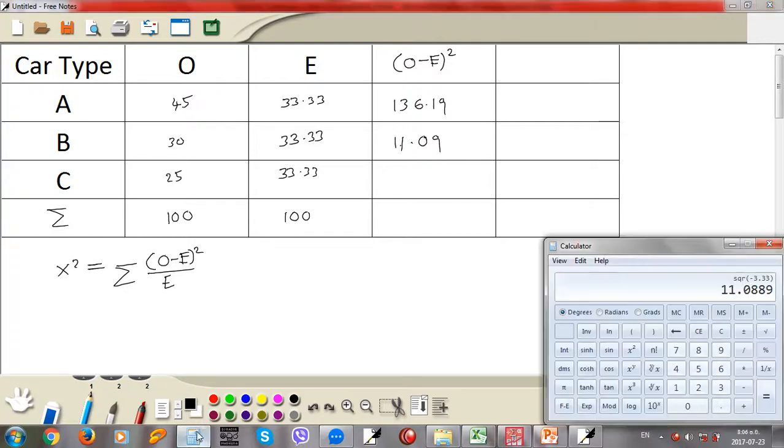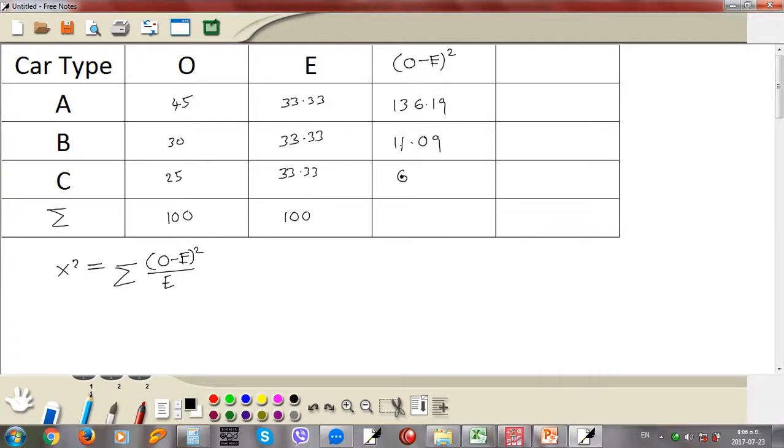The last value is 25 minus 33.33, squared, which comes to 69.3889, so we write 69.39.